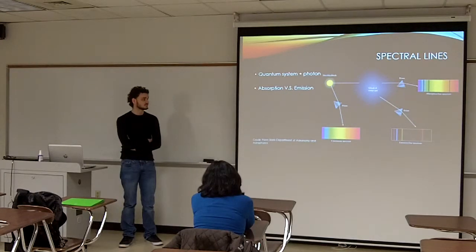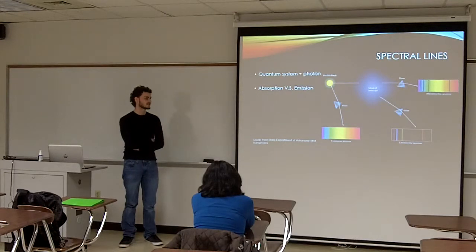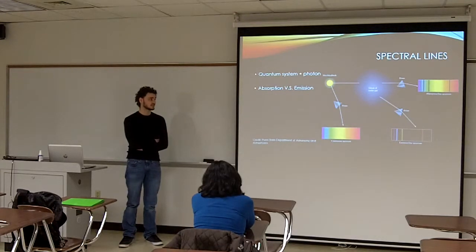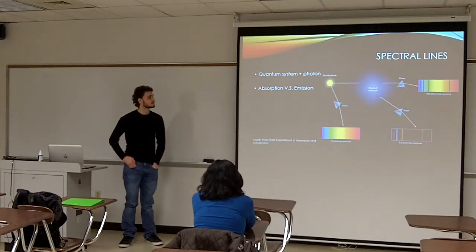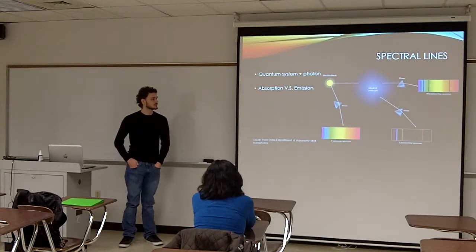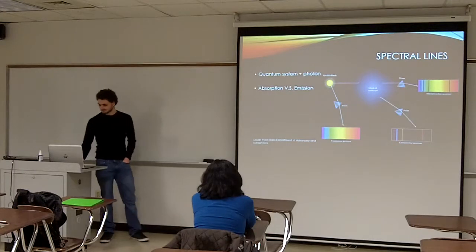If you look off axis to that light source, you will just see cool gas emitting in those wavelengths that are missing from the continuum spectrum, from the absorption lines. I am going to be looking at both of those in my measurements.